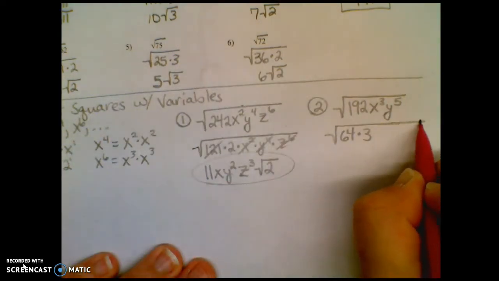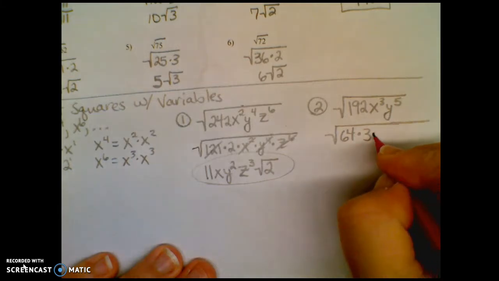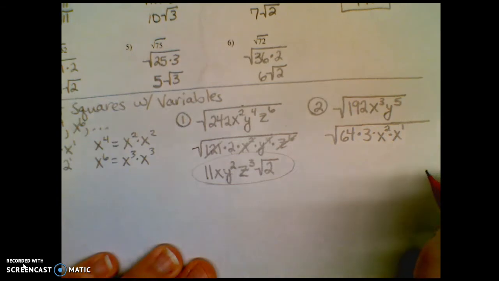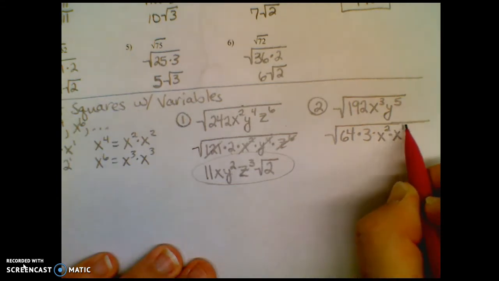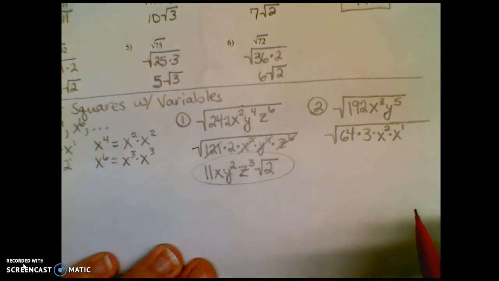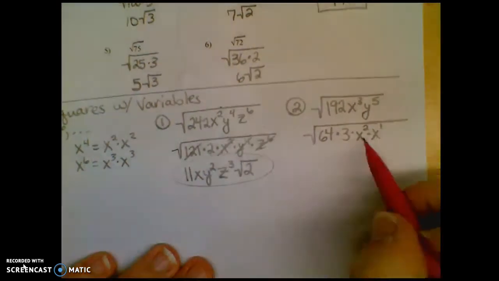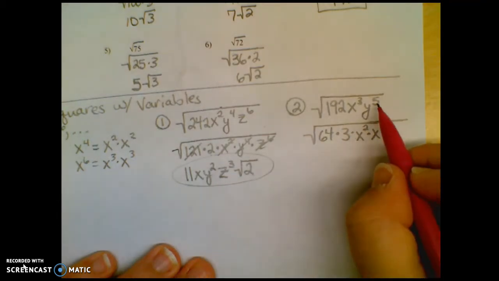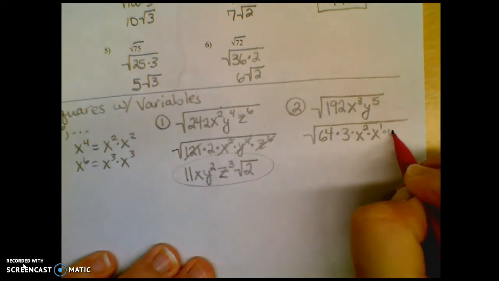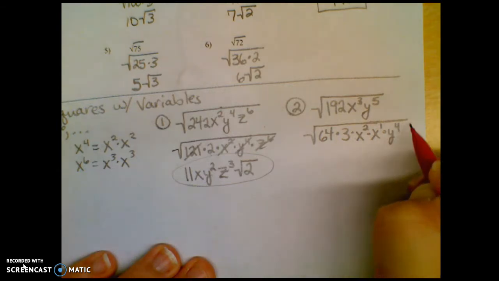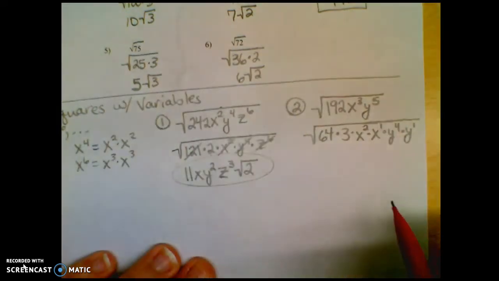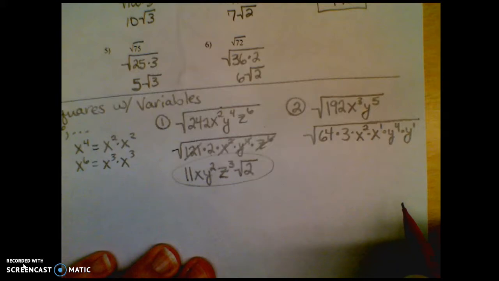X to the third, we can factor into x squared times x to the first, because this is our exponent rule. 2 plus 1 makes 3. And here we have a perfect square and then 1 left over. Y to the fifth factors into y to the fourth, which is a perfect square, times y to the first. And again, that's the exponent rule where you add. We're just doing it backwards.